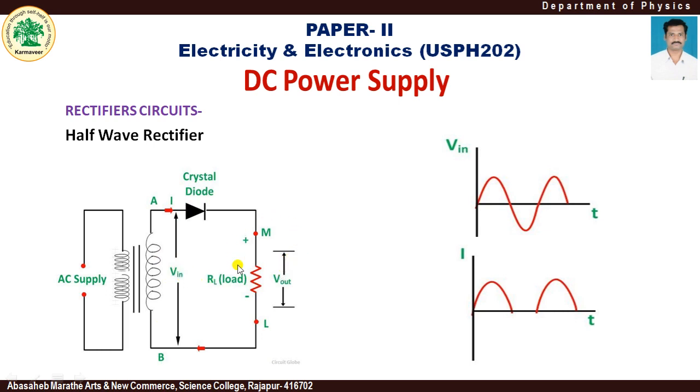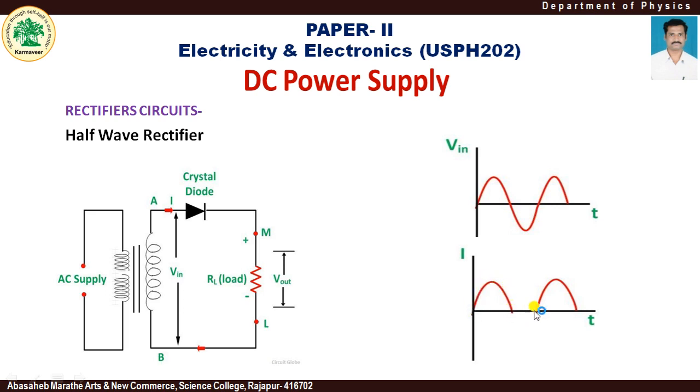So this was the constructed diagram of the half wave rectifier. Here is one complete cycle: from this 0, again it is pi, again it is 2 pi, meaning one complete cycle. But in one complete cycle, we are getting only one half cycle.